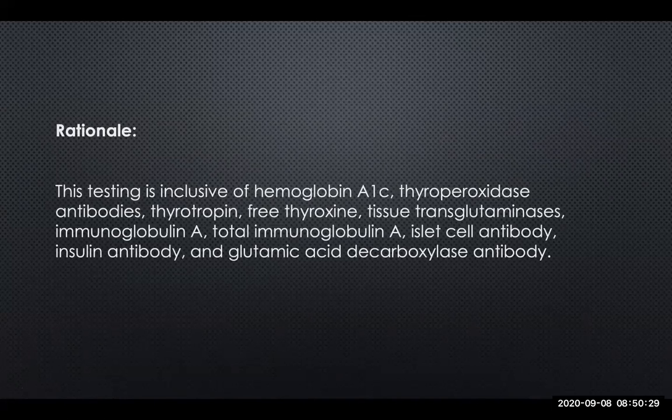This testing is inclusive of hemoglobin A1C, thyroperoxidase antibodies, thyrotropin, free thyroxine, tissue transglutaminase, immunoglobulin A, total immunoglobulin A, islet cell antibody, insulin antibody, and the glutamic acid decarboxylase antibodies. Because this is just for the diagnosis, right? To know if it's type 1 or type 2 diabetes mellitus. Yeah, I know the diagnosis is not established yet, but in this situation, I wouldn't go for the thyroid problem, especially if he had no symptoms. Yeah. ESR is not a routine test.